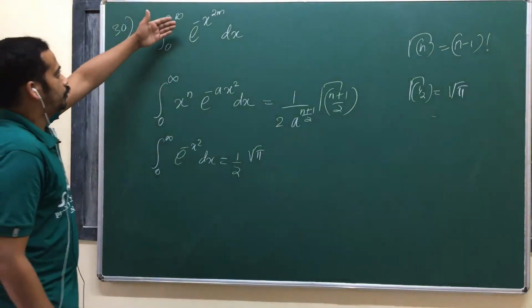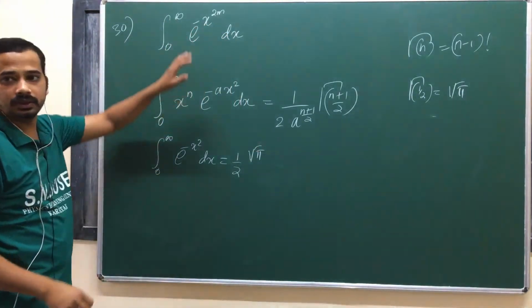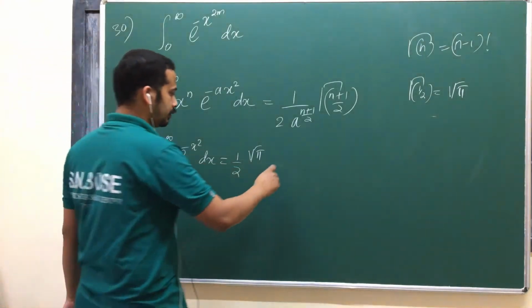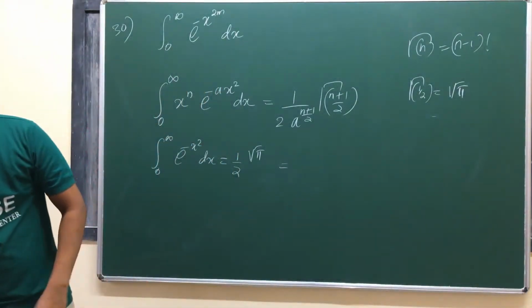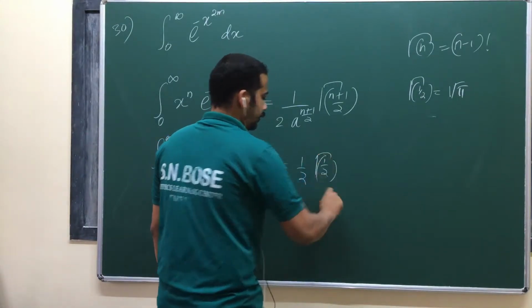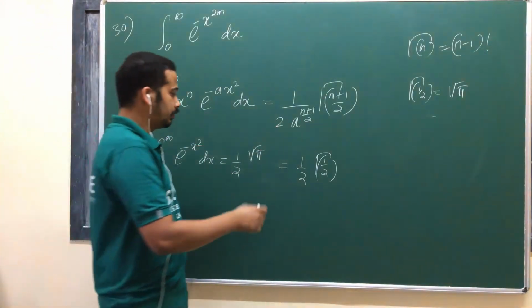Now you put m equal to 1 in this equation. It should be equal to this integral. So what is this integral? Half gamma half. This was gamma half, I have written directly root pi.